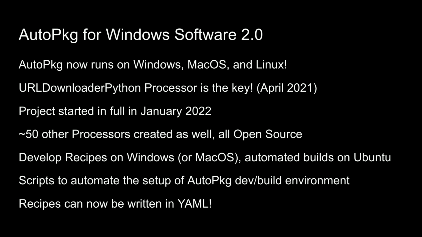And as a part of this, I created about 50 other processors as well, just to help out with various things. And these are all open source. They're all in my recipe repo that's linked from the link in the beginning.